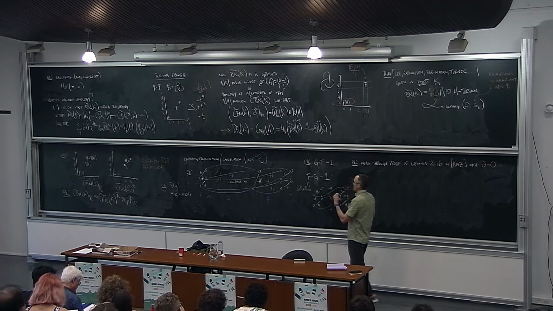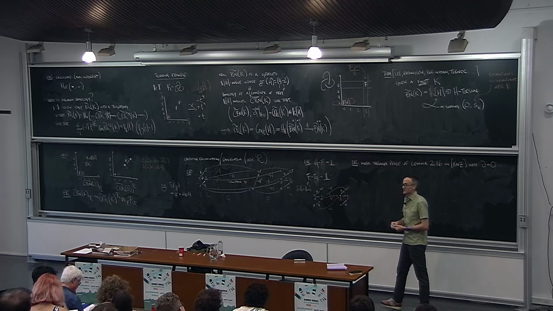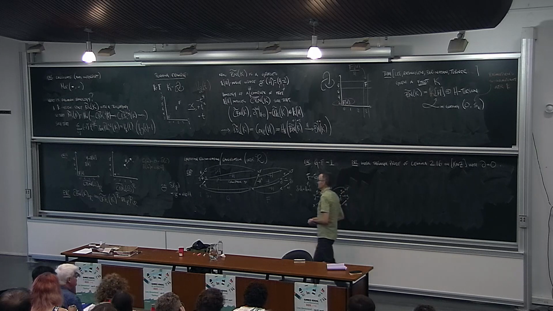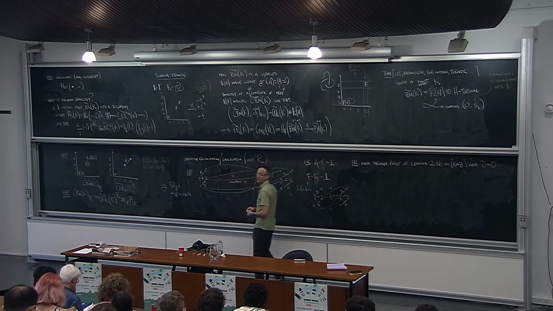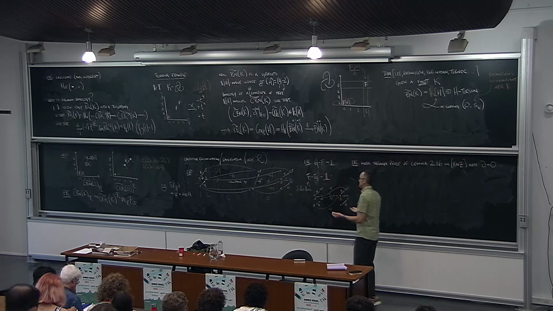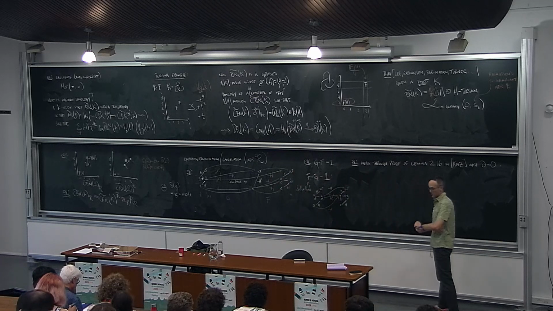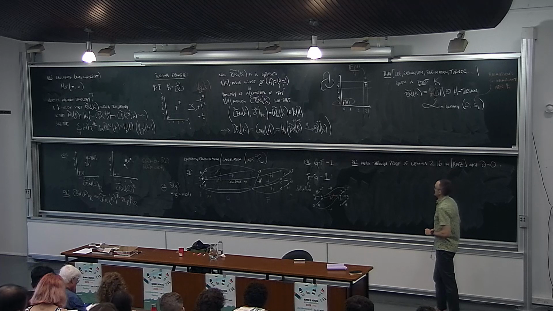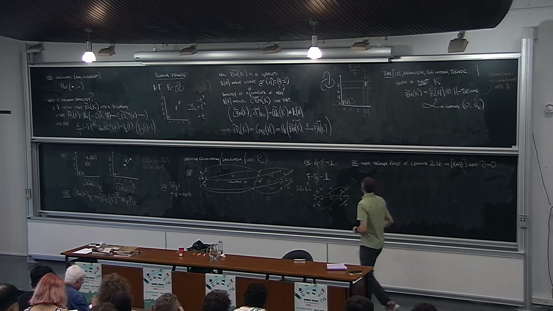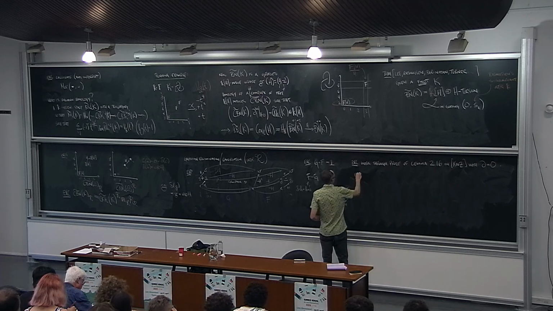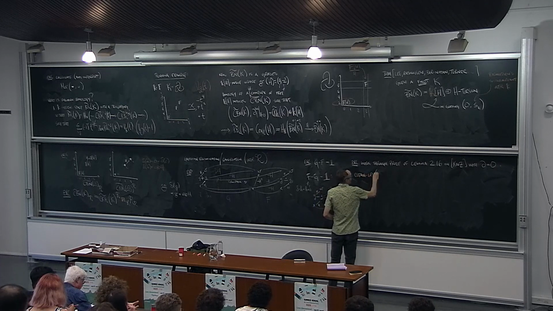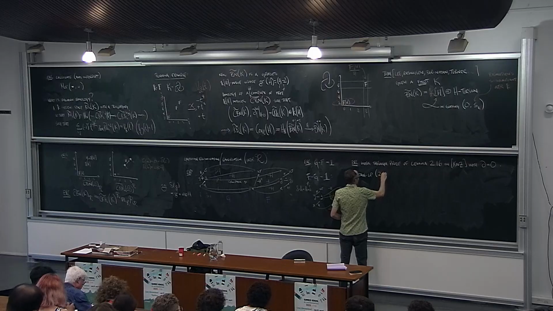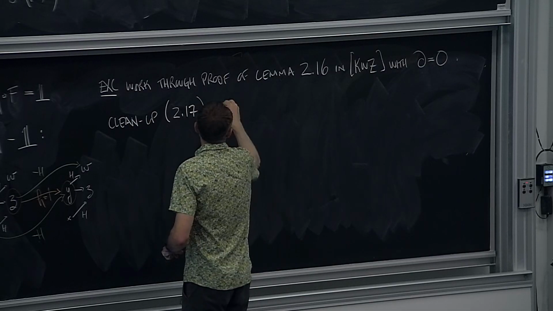So this should look familiar to anybody that's thought about spectral sequences and canceling differentials. We're canceling a differential and inducing a map. But this is really explicitly how it goes. Okay, so there's also cleanup. This is 2.17.